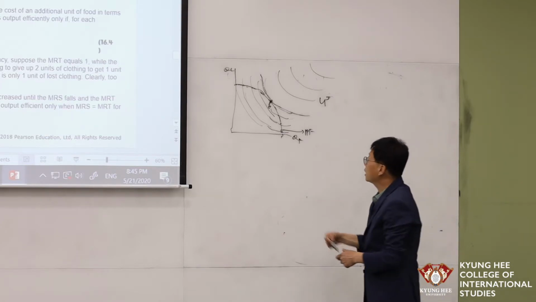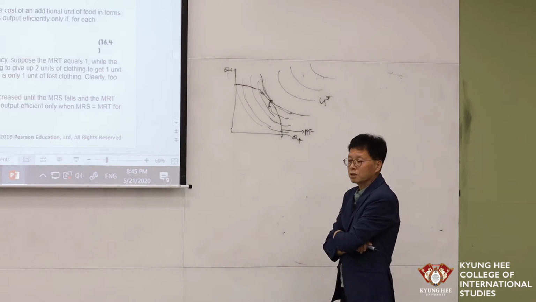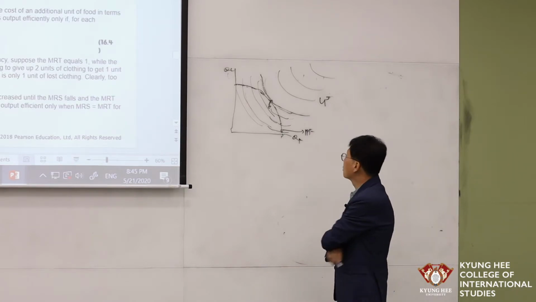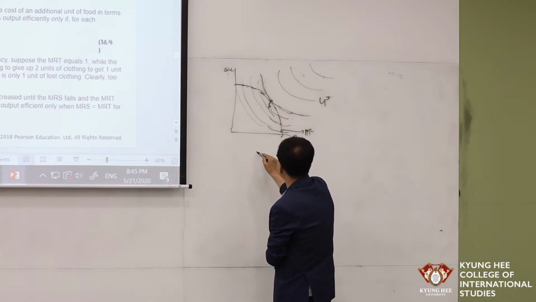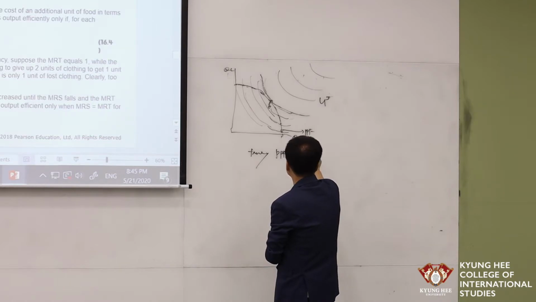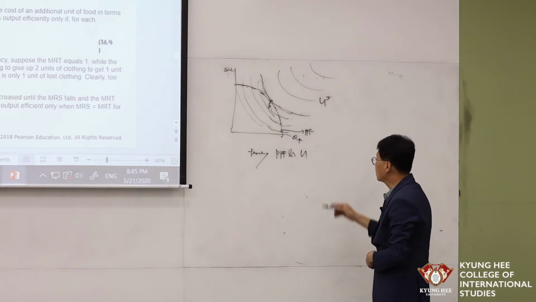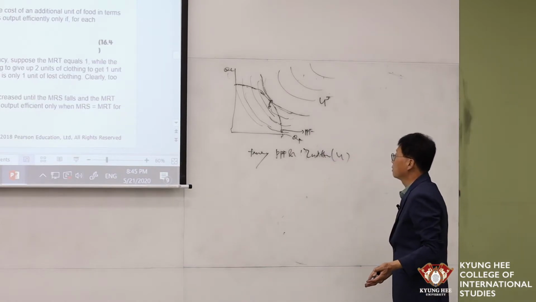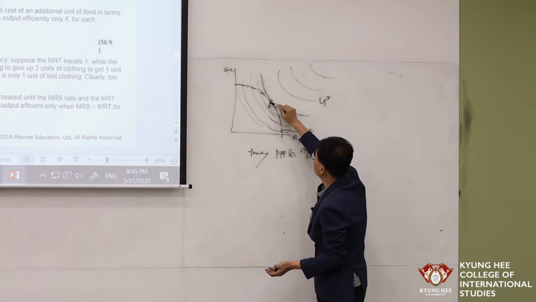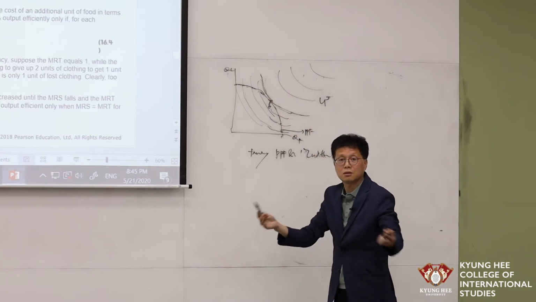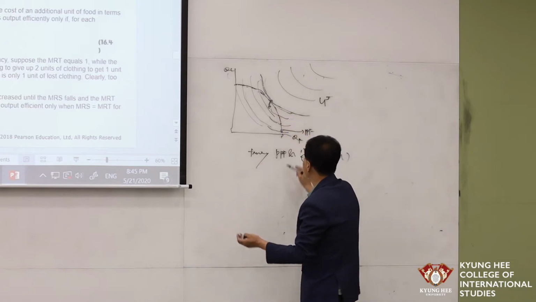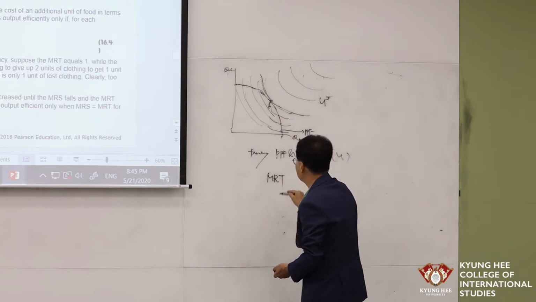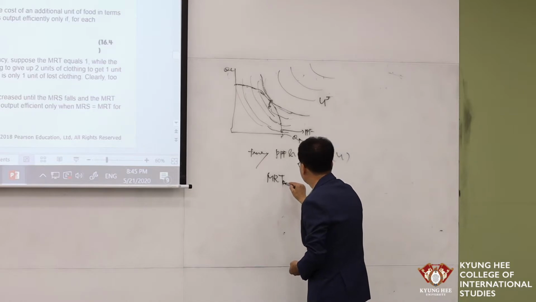Right? So that is, we said this is output efficiency, where the two curves, the PPF and the indifference curve or utility curve, are tangent. Mathematically, that means at this point the slopes of the two curves are the same, right? The slope of the production possibility frontier is MRT, food for clothing.